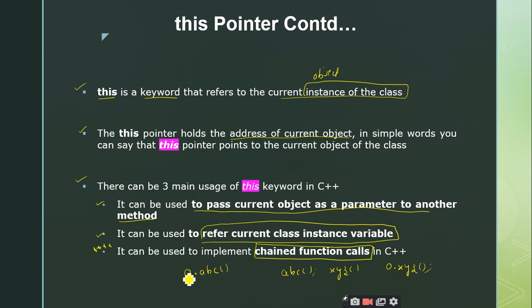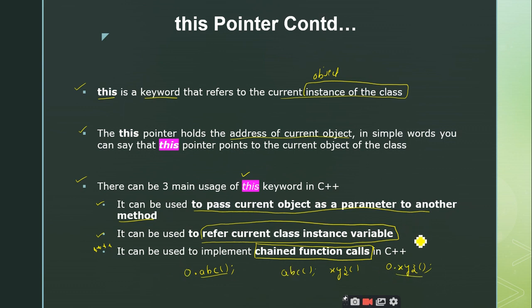Till now you can only invoke one member function using the object of that particular class. But because of this pointer, we can combine the invoking of these functions in a sequential fashion. That means you can combine the invoking of abc and xyz in a single statement.